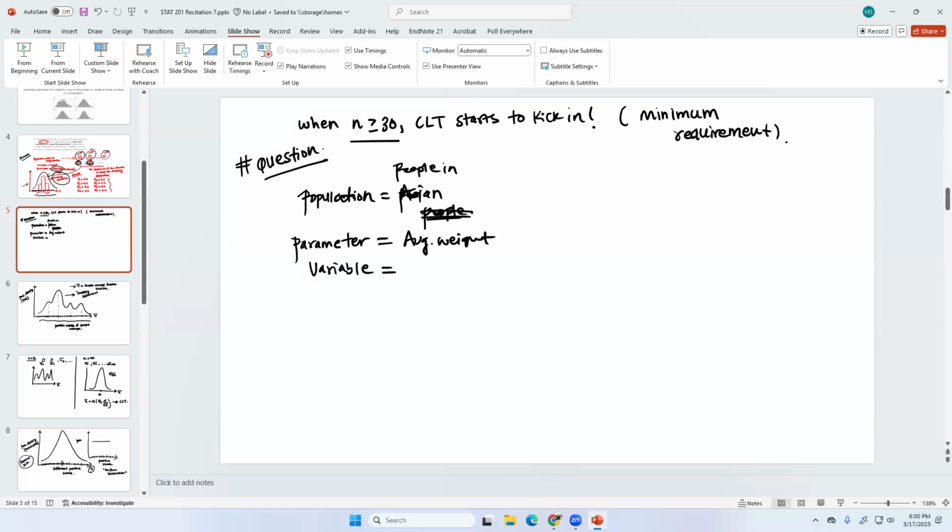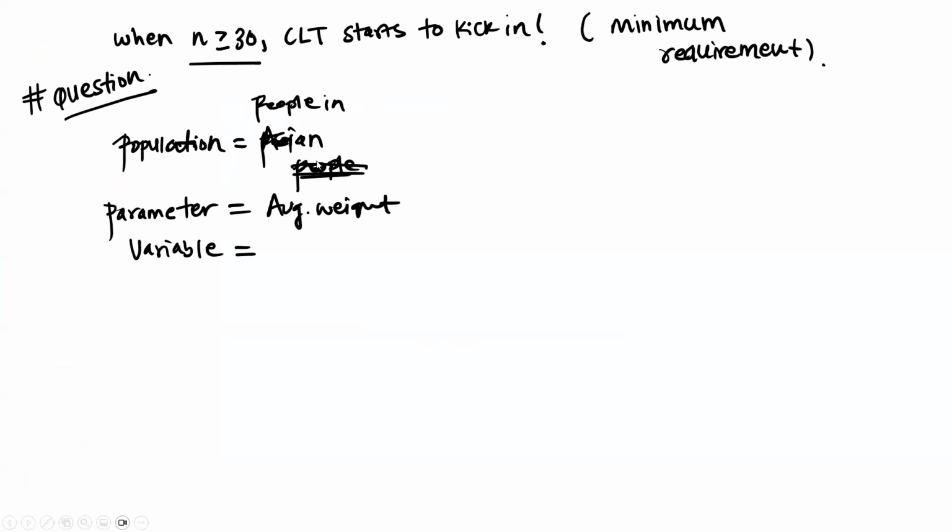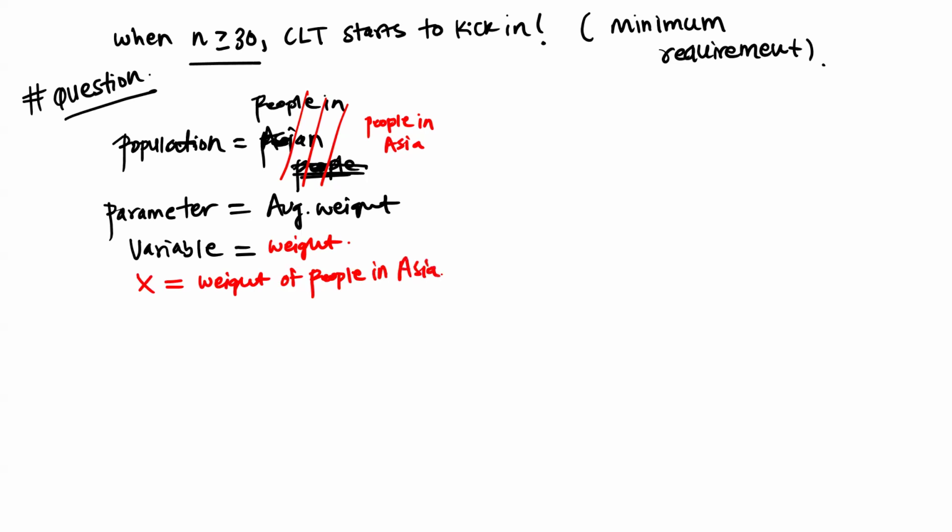If the parameter is the average weight, what is the variable? Not the height. If my parameter is average weight, what is my variable? Weight, right? Yeah, you're good. So the variable is weight. So your random variable, x, is also the weight of people in Asia, right?